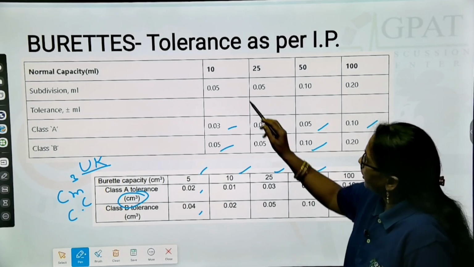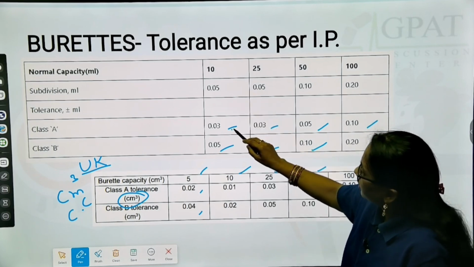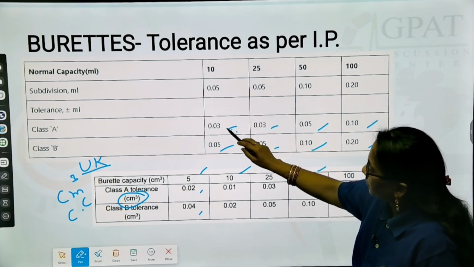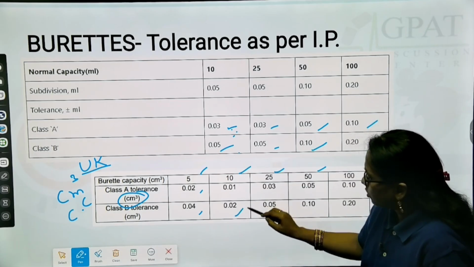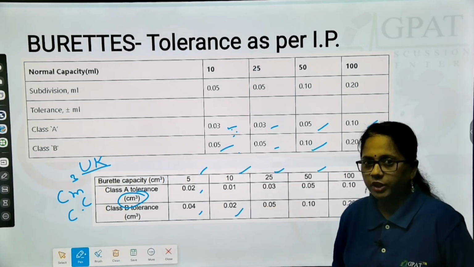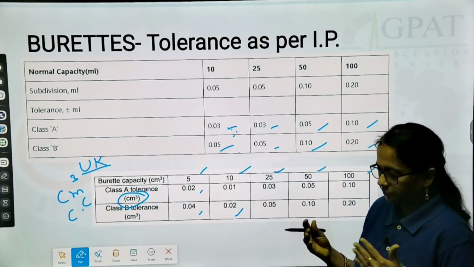For 10 ml, our limits according to the Indian Pharmacopoeia are 0.03 and 0.05, but their limits are 0.01 and 0.02, a very narrow range.